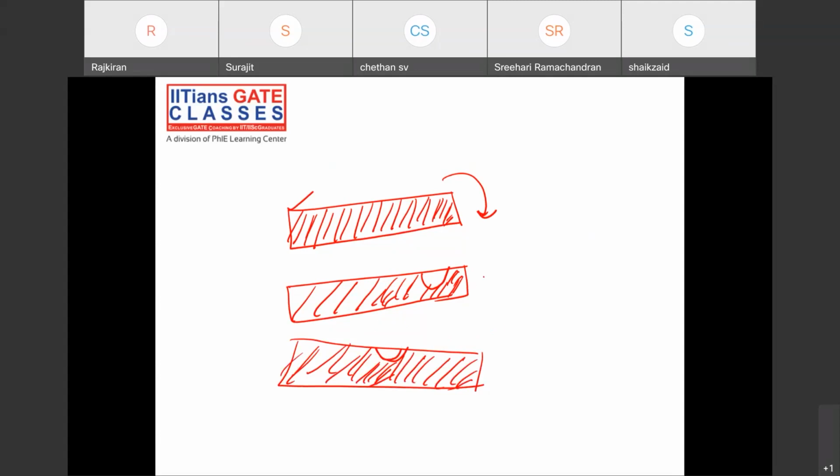When I tilt it like this, the bubble will move upward. So first, all of you are convinced that the bubble will move upward. If I tilt more, again the bubble will move upward. Clear? Got the point, sir. Great analogy.